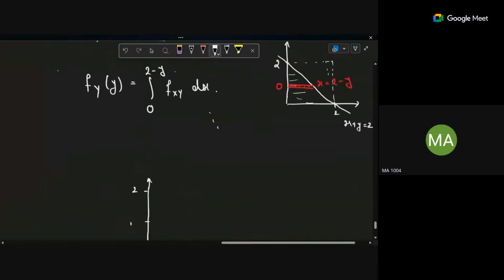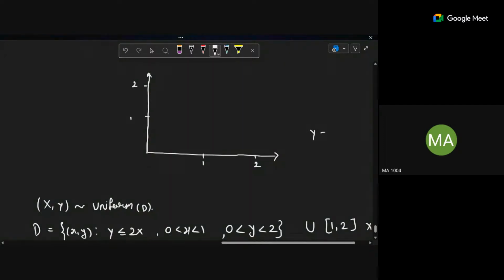We are drawing first y is equal to twice x. Whenever x is 0, y is 0. Whenever x is 1 by 2, y will reach 1. When x reaches 1, y will be at 2. So your graph will be just like that.